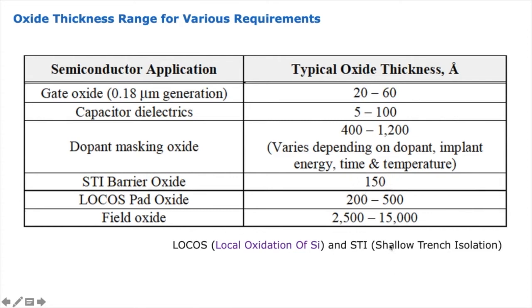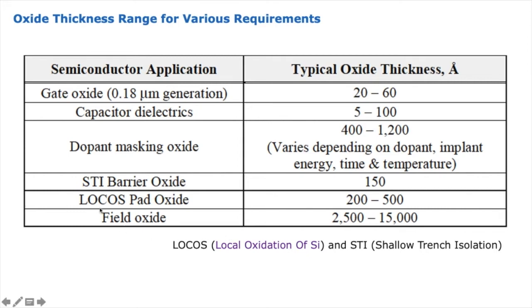STI is shallow trench isolation. This is a thick oxide layer grown to isolate different transistors. Similarly, the LOCOS pad oxide is around 200 to 500 angstrom, which is also used to isolate different devices.